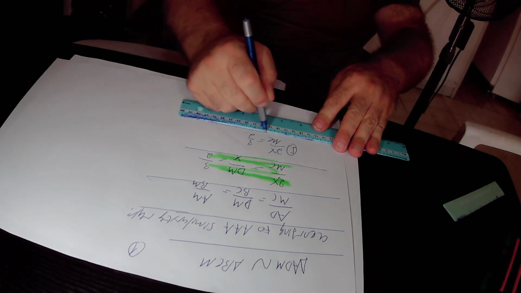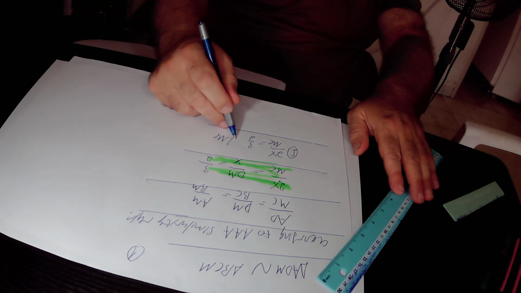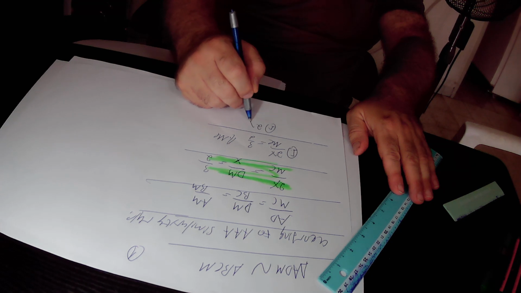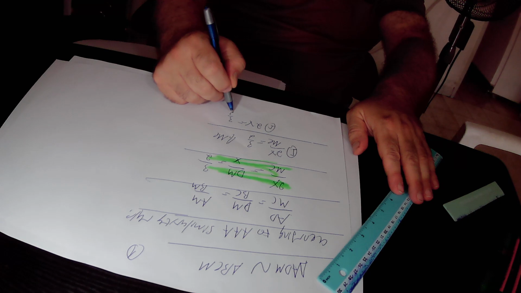So here we multiply equation 1 by MC, and we get that 2x equals 3/2 times MC.